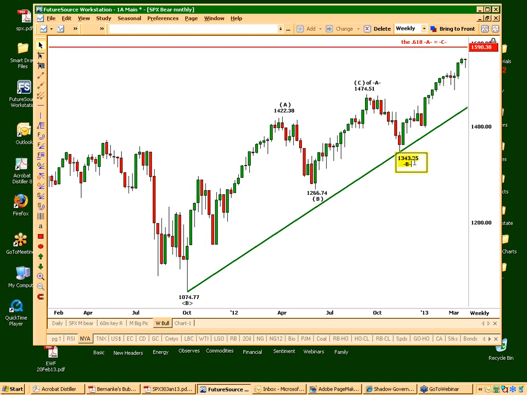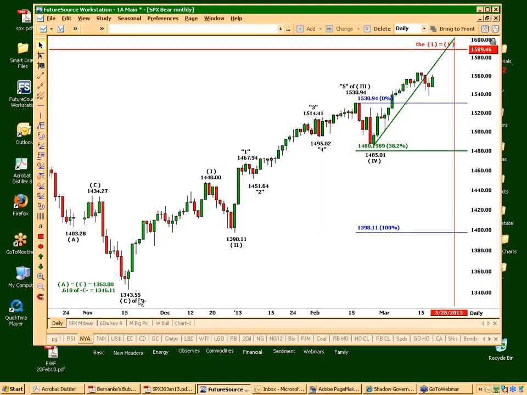And then if we start from this low, 1343, back late last year, and look at it as a five-wave move up, 1, 2, 3, 4. Ever since the repeat from 1531 held our key support at 1480, our 1 equals 5 target has been 1590.